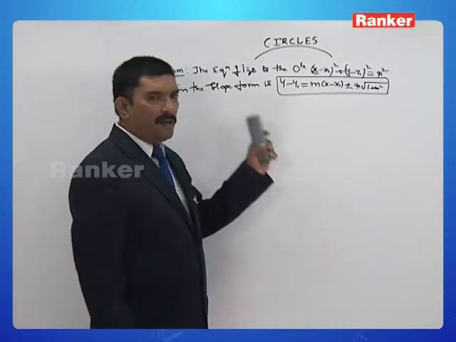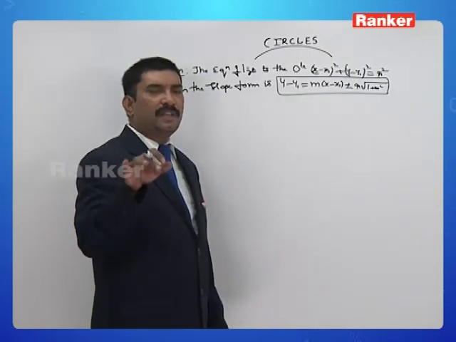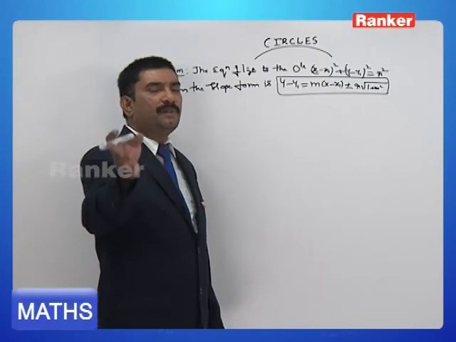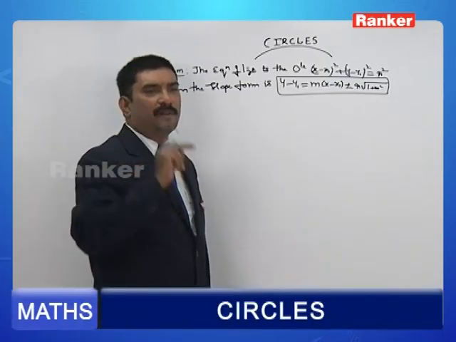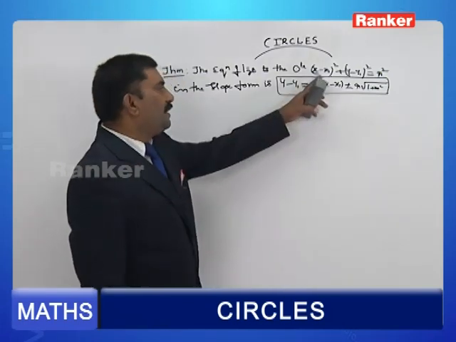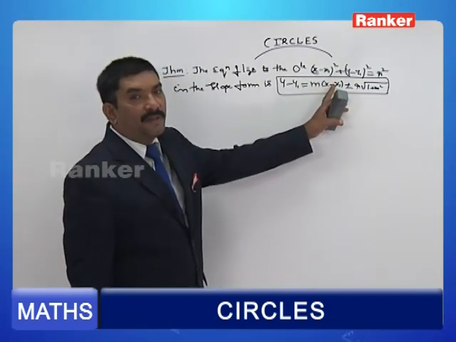Why? Earlier, for the circle x square plus y square is equal to r square, which we dealt with, the center was 0, 0. Now its center is x1, y1.